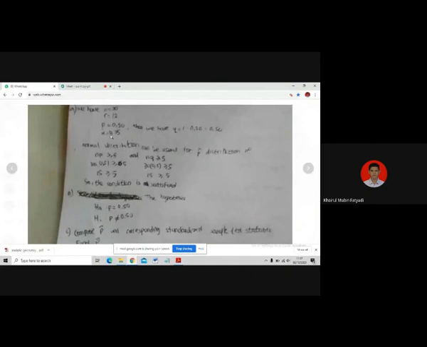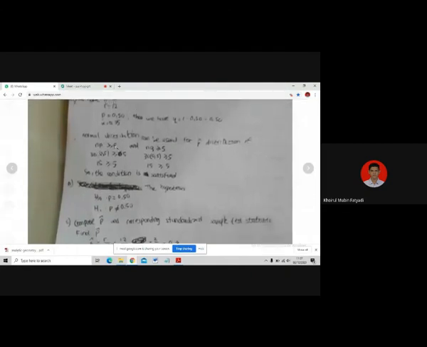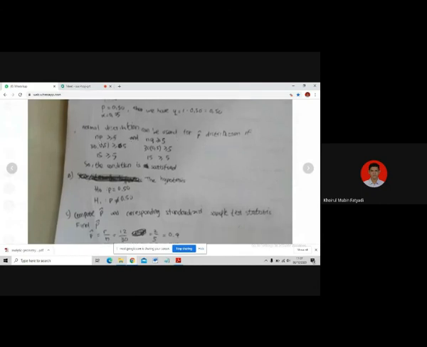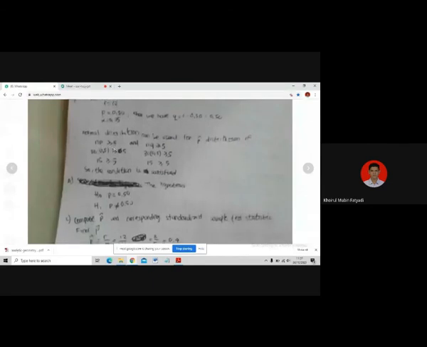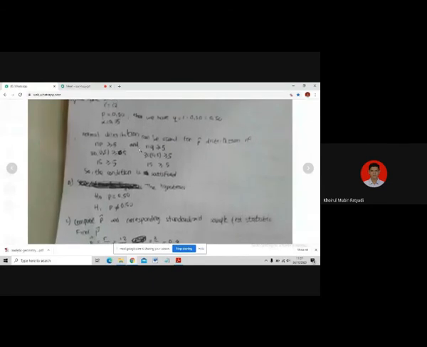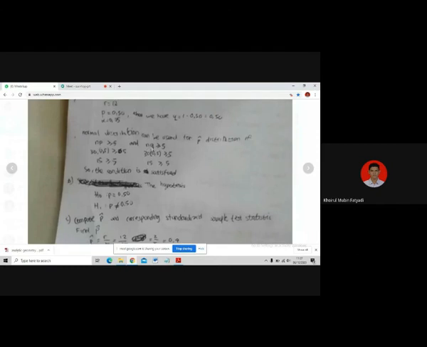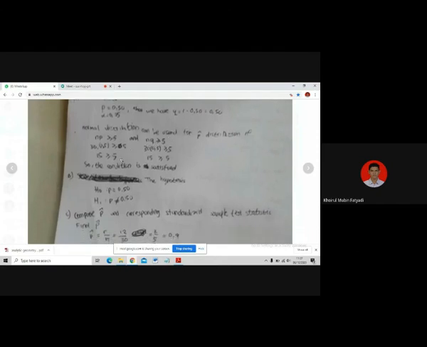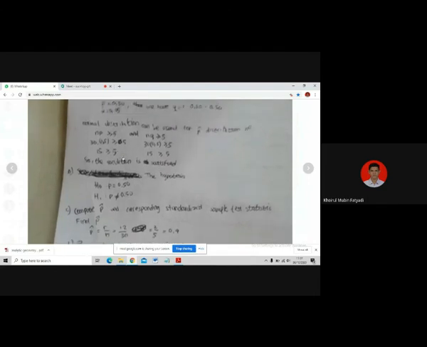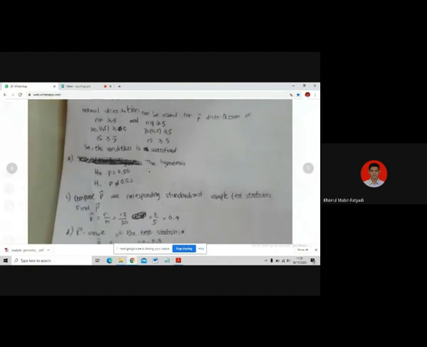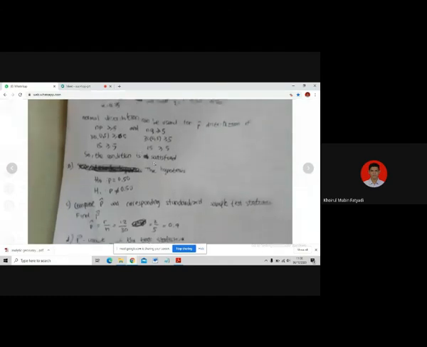Normal distribution can be used for the p distribution if n times p is greater than or equal to 5 and n times q is greater than or equal to 5. Both of them are satisfied, so the condition is satisfied.